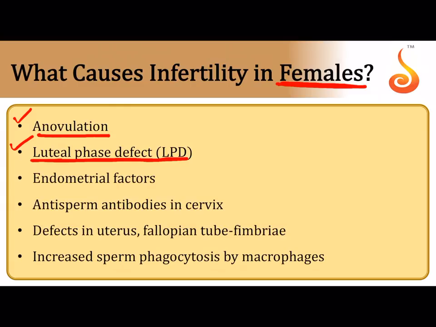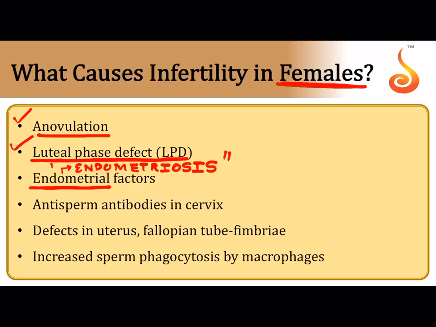Then there are a lot of endometrial factors. Sometimes the endometrium develops elsewhere. Normally the endometrium develops on the inner wall of the uterus. Sometimes in certain cases there is a medical condition that is called endometriosis.